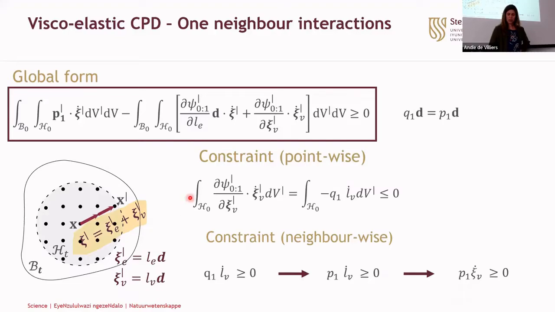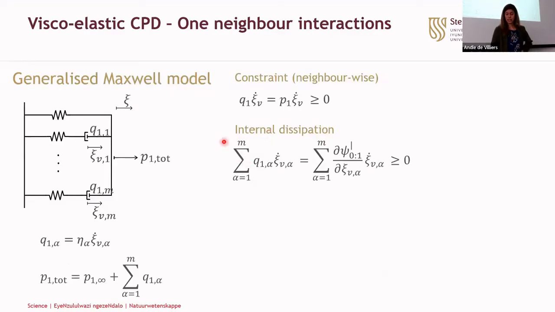I now want to show the point-wise and neighbor-wise versions of this constraint, which we get from the global inequality. If you've worked with 1D viscoelasticity, this would look very familiar. It looks almost exactly the same as the constraint on internal dissipation if you consider a generalized Maxwell model.